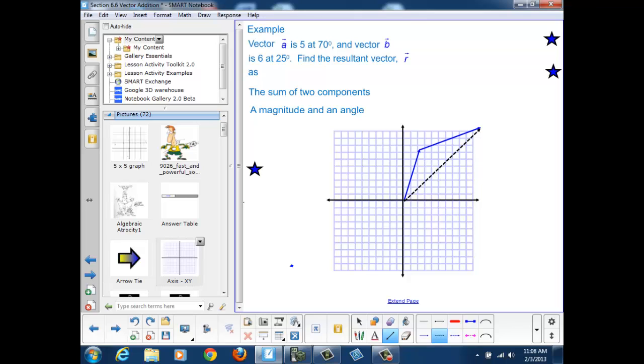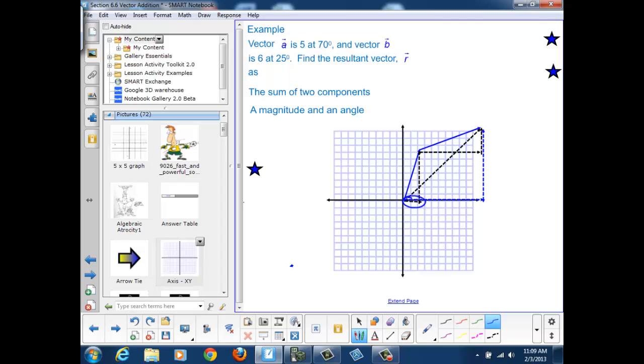You'll notice that if I take my first vector and create the two components, create my right triangle, and I do the same thing with my second vector, my final vector here, whose right triangle looks like this, is the sum of the vertical components.